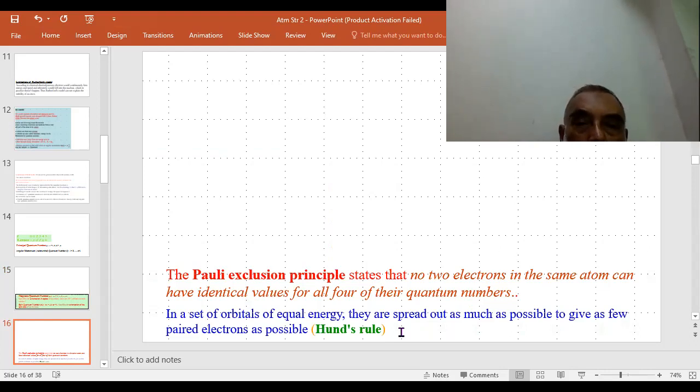In the D level, there are 5 orbitals, so a maximum of 5 electrons may exist there unpaired. In the F level, a maximum of 7 electrons may exist in unpaired form. This was proposed by Hund, and according to this, it is known as Hund's rule.